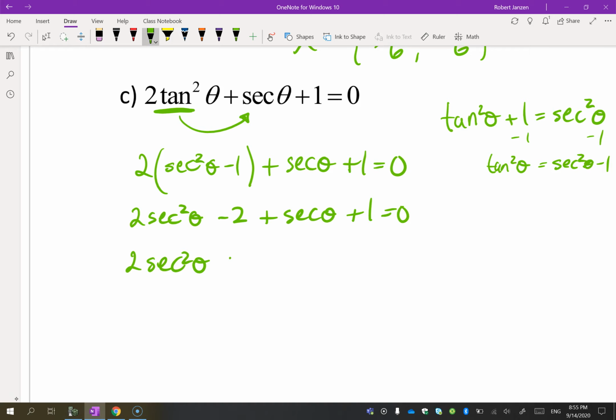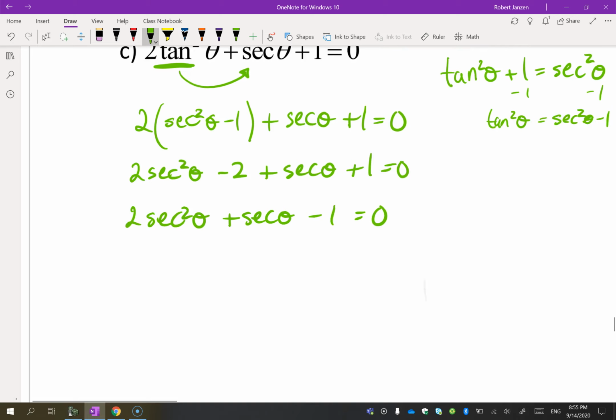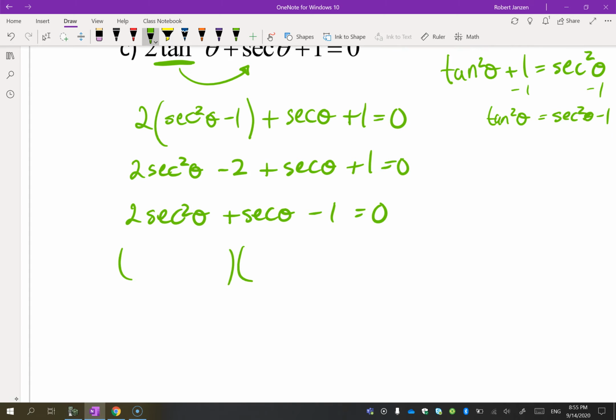Rearranging. And then factoring. Now you'll notice I go fairly fast at the end here. I expect that you should try these on your own first.